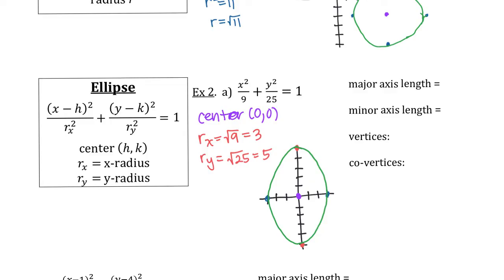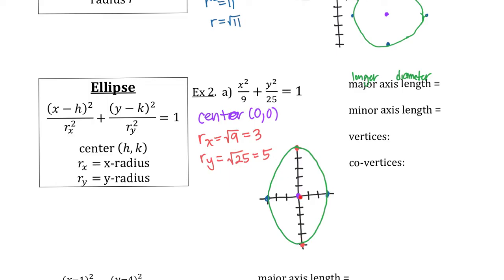Okay, now a couple words on this thing. The first thing is the major axis, or the length of the major axis. Think of an axis kind of as a diameter. Major means the bigger one. So this is really asking, what's the longer diameter of this ellipse? In this case, this is taller than it is wide.